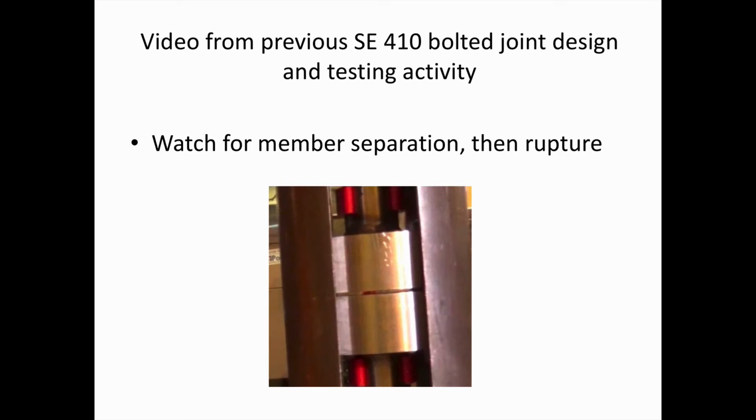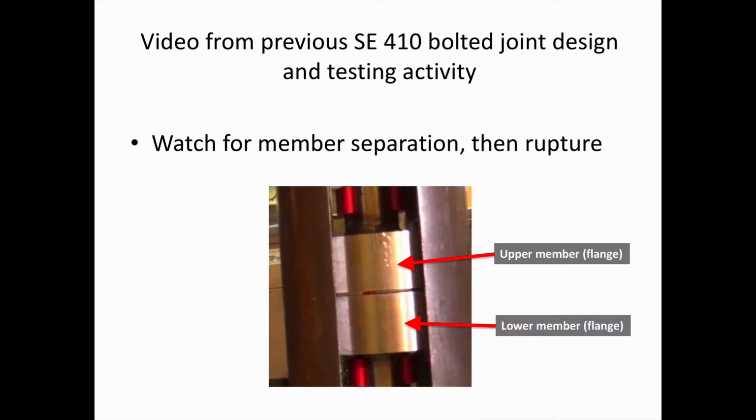Now, we're going to look at a video from an activity that we go through in this class where students design a bolted joint and then we test it and see how it performs. And so what we're looking at are 2 flanges, 2 members. Here's an upper member and a lower member, and we're using a hydraulic ram to pull this joint apart.